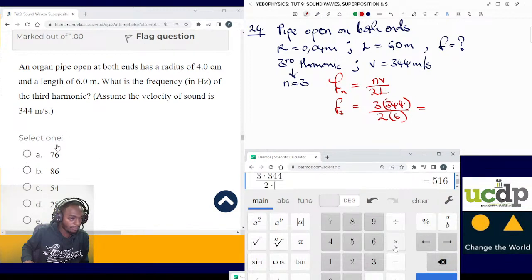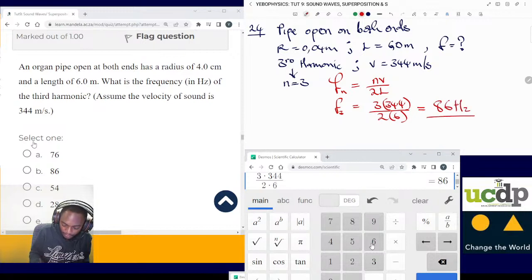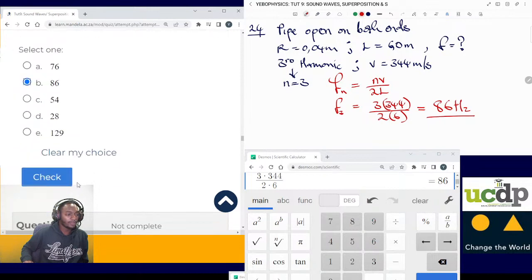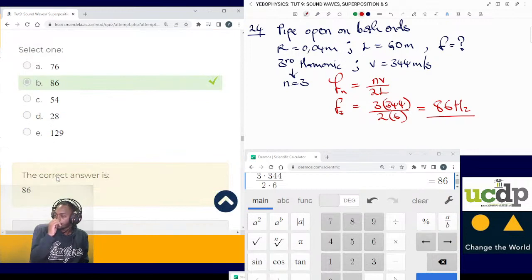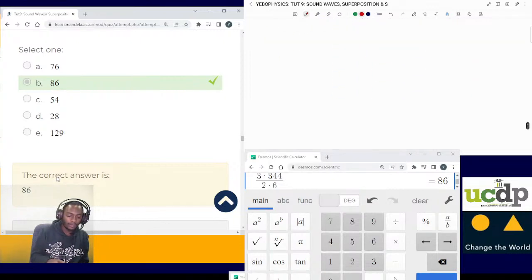That's 2 by 6. Right, that's 86. And do we have that option? Yes, we do have that option. So moving on, we can look at question 25.